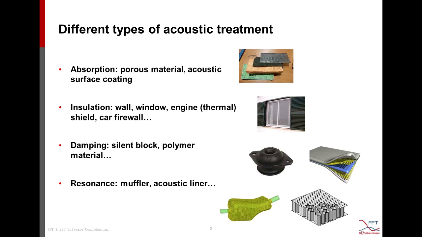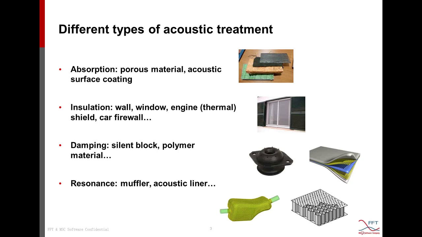All these previous three types of treatment are mainly used for broadband treatment for acoustics as well as for dynamics. While the last type, resonance, through the resonance mechanism, is mainly for specific treatment on specific frequencies.